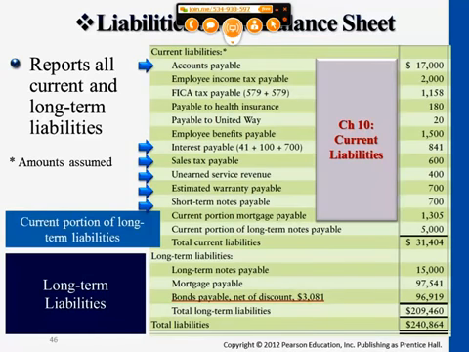You have a summary dollar amount here, which is $96,919. It's either reported like this, 2 lines, or like this, net of discount. But either way, carrying amount would always be shown. So it's not just the face value of the bond, the discount portion or the premium portion is always stated at the same time in the balance sheet.